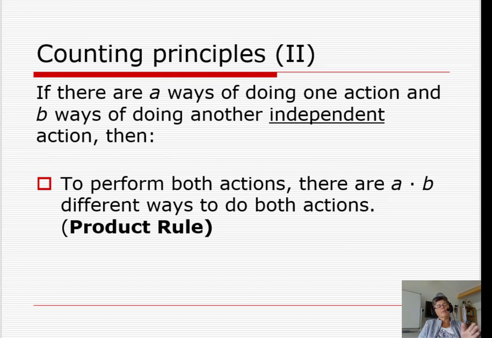And now we're talking about independent actions we take in a different time span, we could say. So let's say I'm at home here and I want to go to school. And I can go to school by helicopter, or I can go to school with the bike, or I can go to school with a car, and then I am at school.